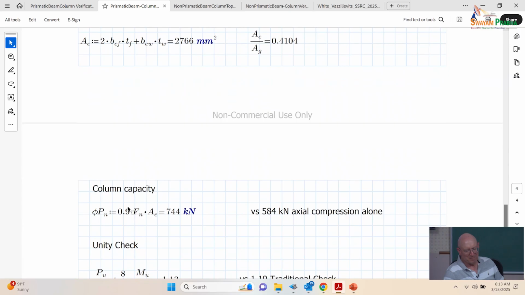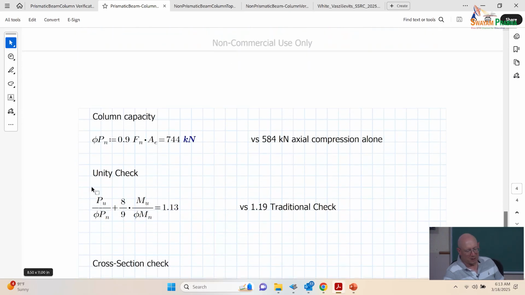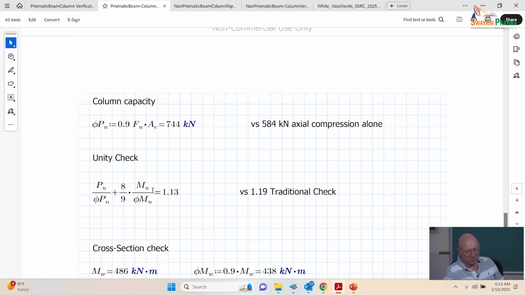And then we can now take our phi-min and our phi-pn that we've just calculated. The Pu over phi-pn is larger than 0.2, so this form of the bilinear equation applies. We get 1.13 versus the traditional check, which is 1.19.